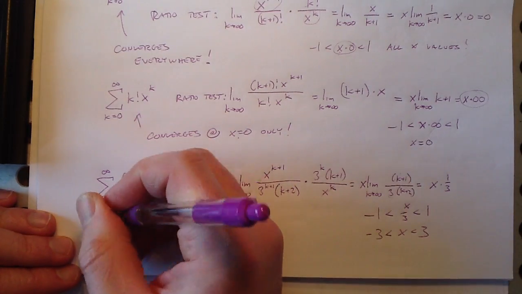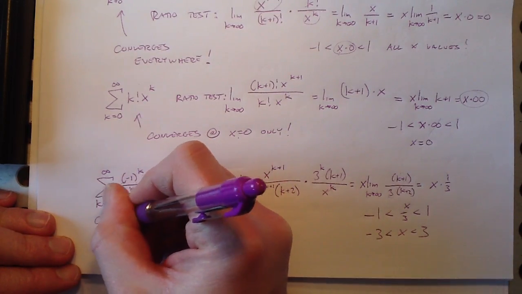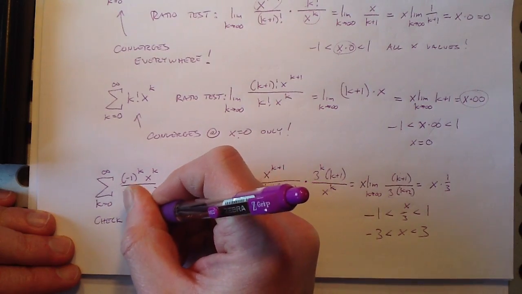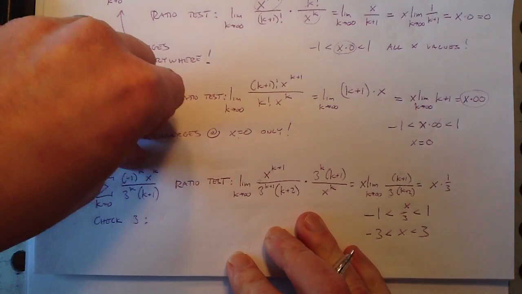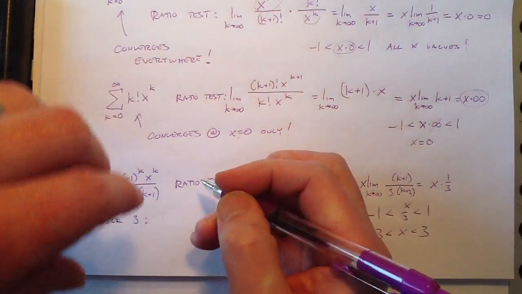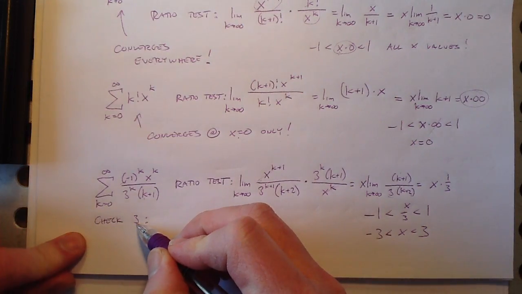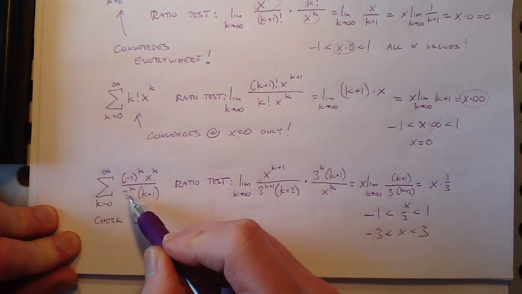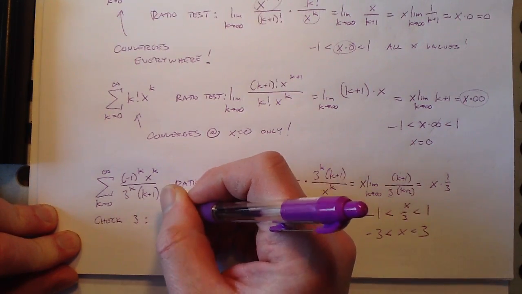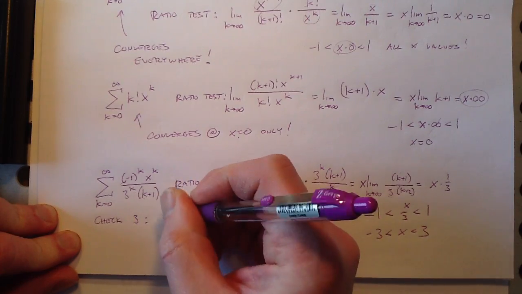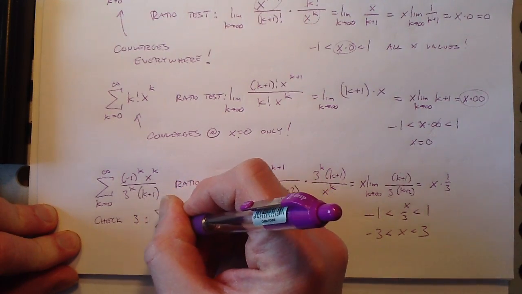So check 3 first. And now this is in play, okay? If x is equal to 3, then I have the sum of, let me write it out. I won't take any shortcuts here.